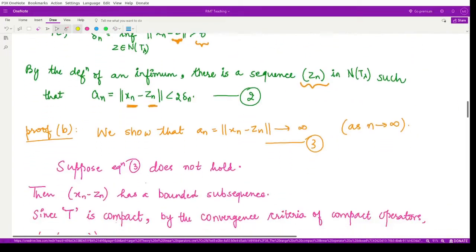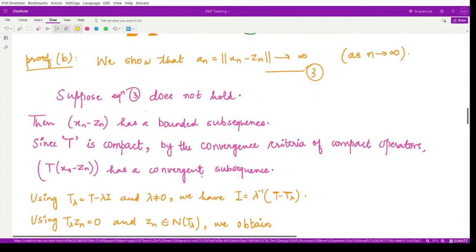So let's proceed. We have to show that an, which is the norm of xn minus Zn, goes to infinity as n goes to infinity. So we again use the method of contradiction. We assume this is not true, so an does not converge to infinity.